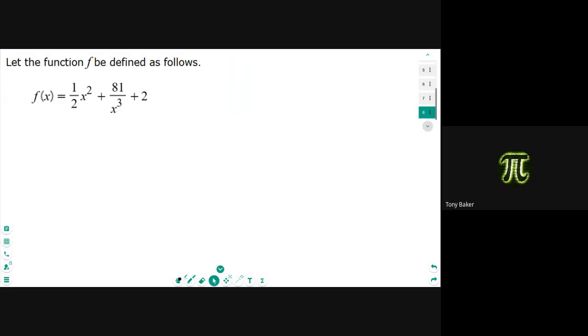All right, what's the derivative of this? It's minus 243 over x to the... That's right.